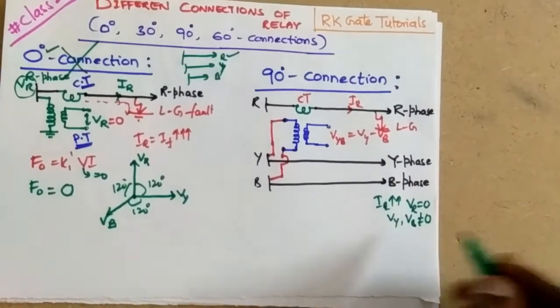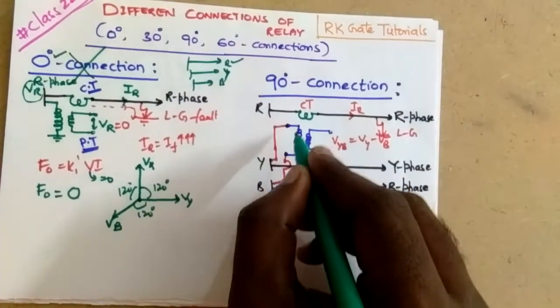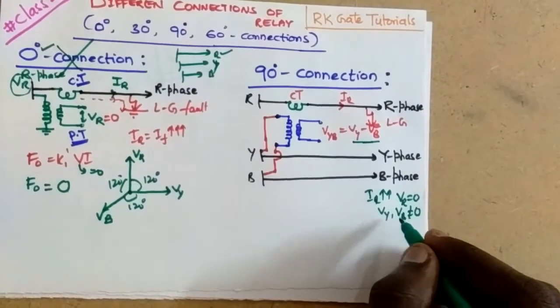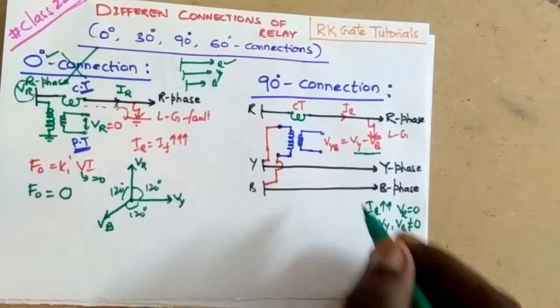Since we are calculating VY minus VB, there is a considerable VY and VB, so VYB will be considerable.